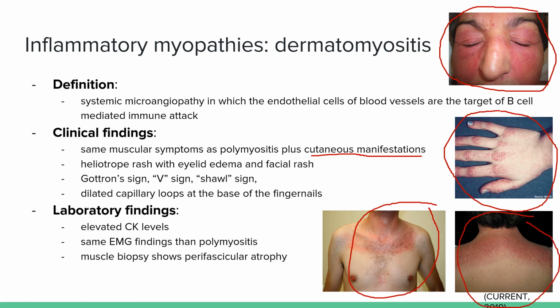Also, there are dilated capillary loops at the base of the fingernails. These are the most common cutaneous manifestations. In the laboratory findings, we also see elevated CK levels, the same EMG findings as polymyositis, and the muscle biopsy is the definitive diagnosis also. It shows perifascicular atrophy, typically.